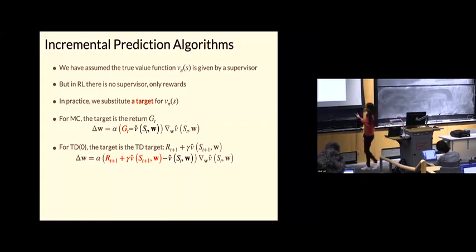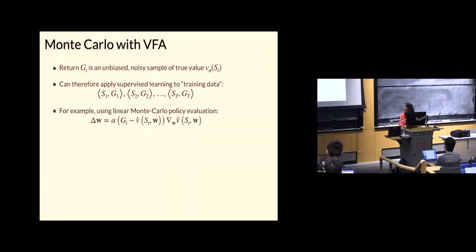So wherever we had capital V, now we have V hat of the state and the parameter vector, as you see, okay? So let's go then and focus first on Monte Carlo with value function approximation. We're going to have returns G_t, which is an unbiased sample of the true value V pi, the oracle one that we don't know.